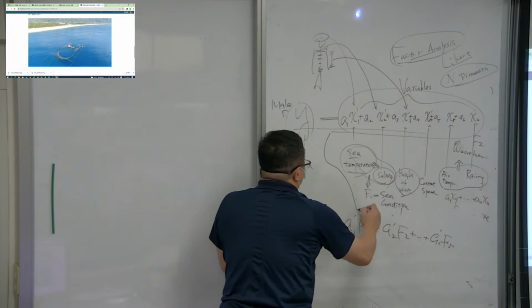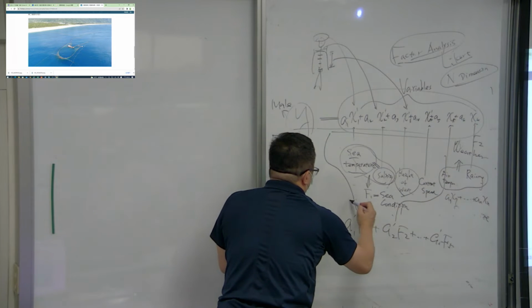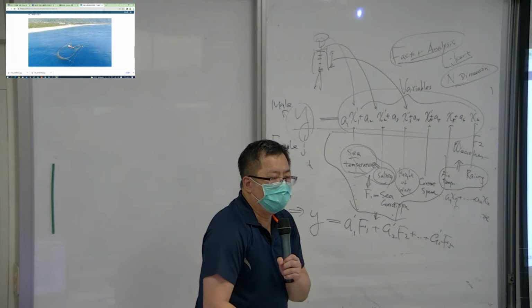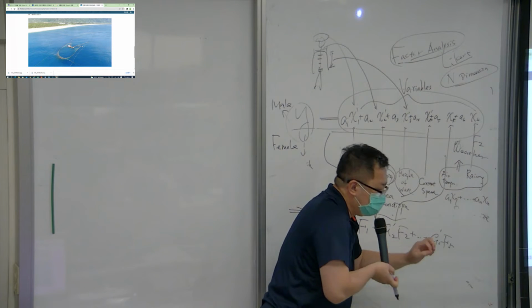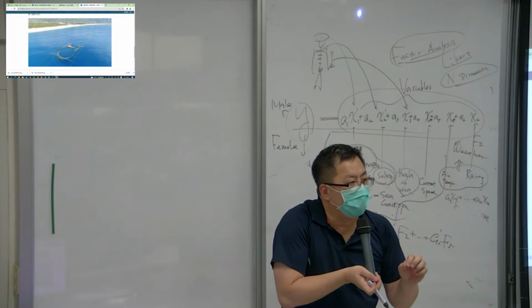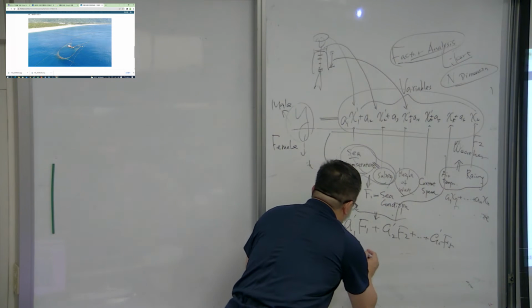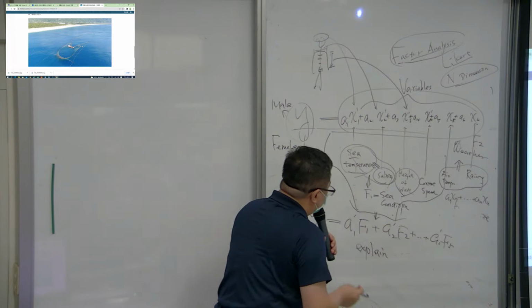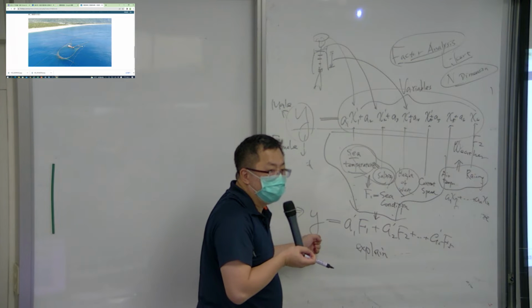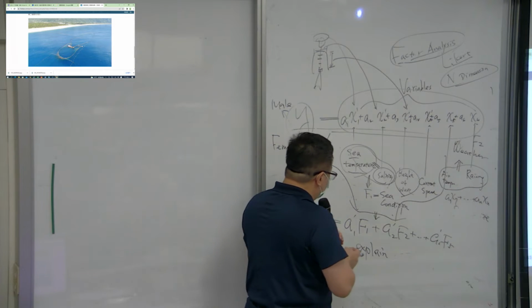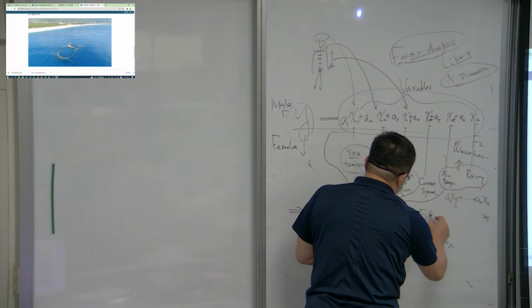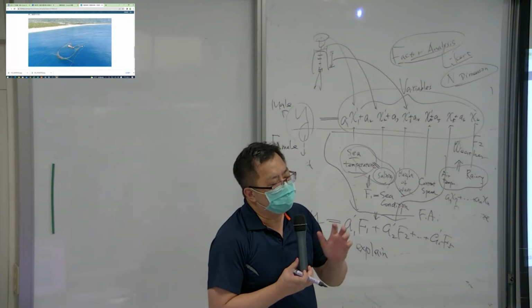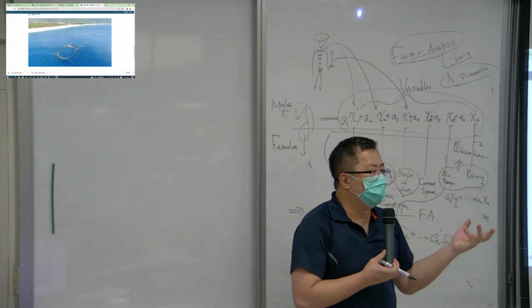So after factor analysis, we only get 5 factors. These 5 factors can explain everything. So this procedure we call factor analysis. Factor analysis is actually a method to reduce dimensions.